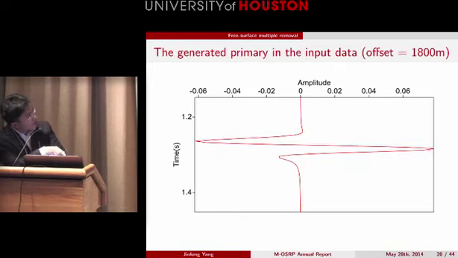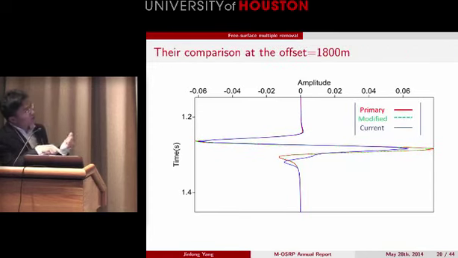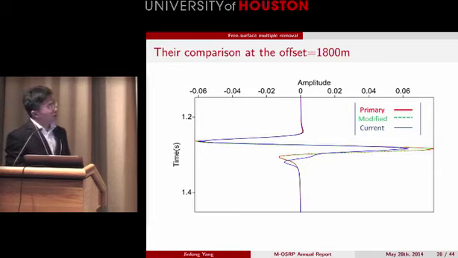If we plot them together, you can see if we use the current algorithm, there is some residue, and also the amplitude is a little weaker than the generated primary. If we use the modified algorithm, the multiples can be removed completely.